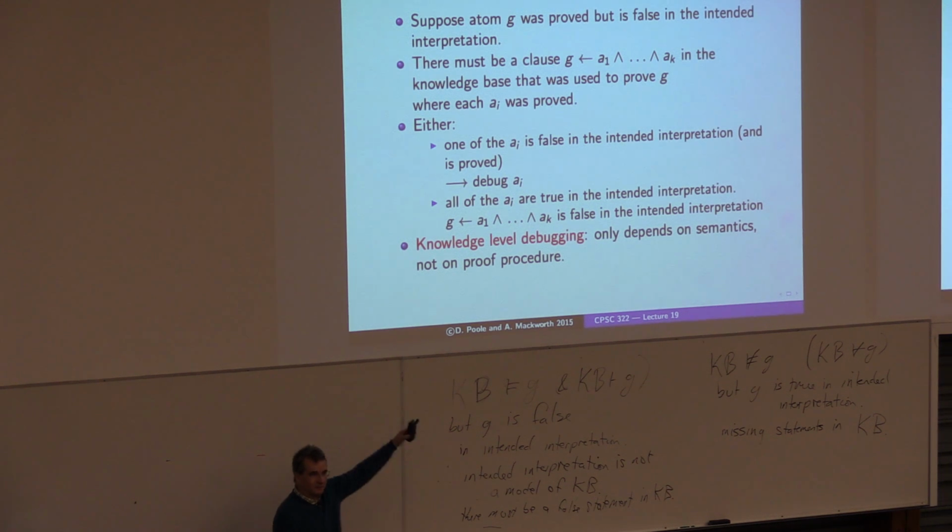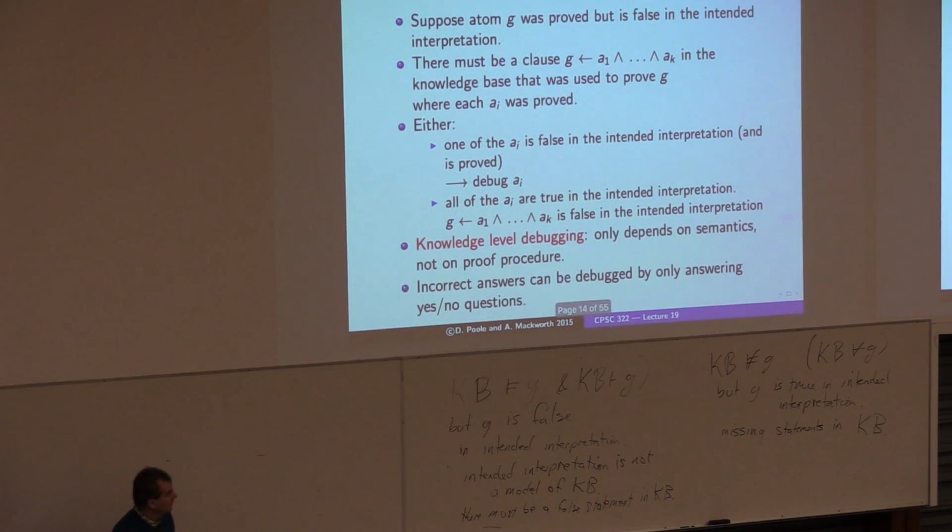We still want to use this knowledge level debugging. We're only going to know about the meaning of our symbols, not how things are produced. In this case, we can debug them by only answering yes/no questions.